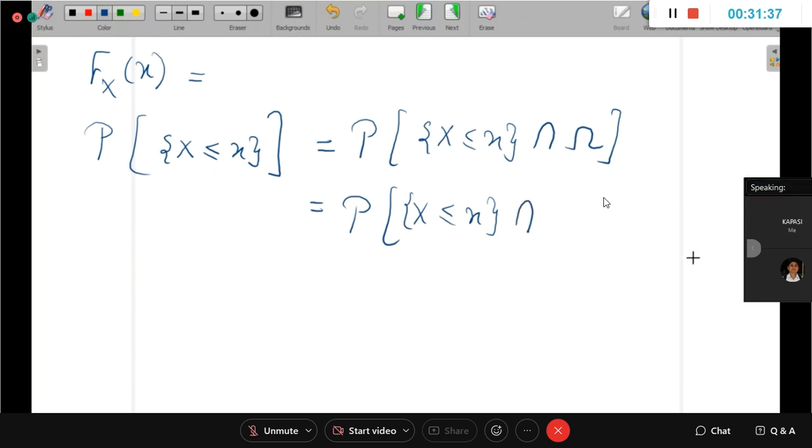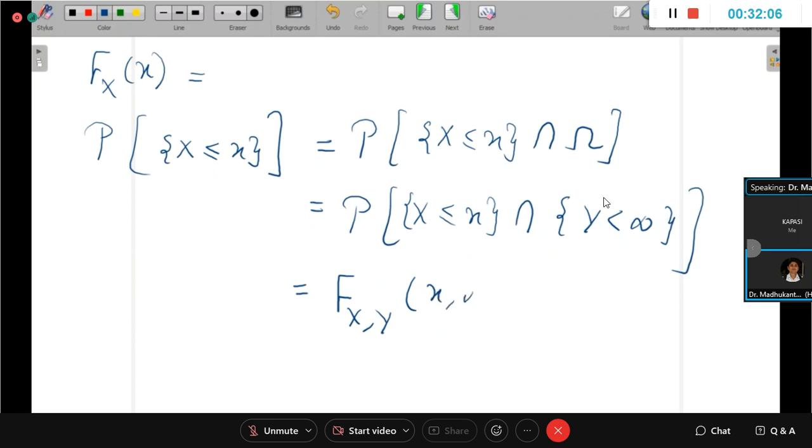So can I write omega as y less than infinity? Yes, sir, whether continuous or discrete. Right? So now in the previous notation, what is this? This is FX,Y with x comma infinity.